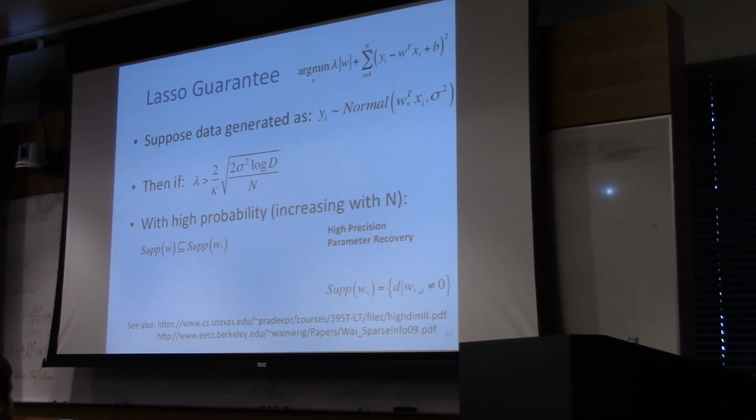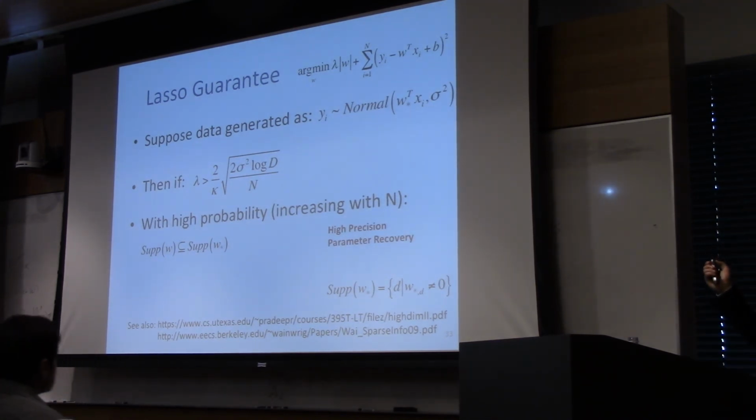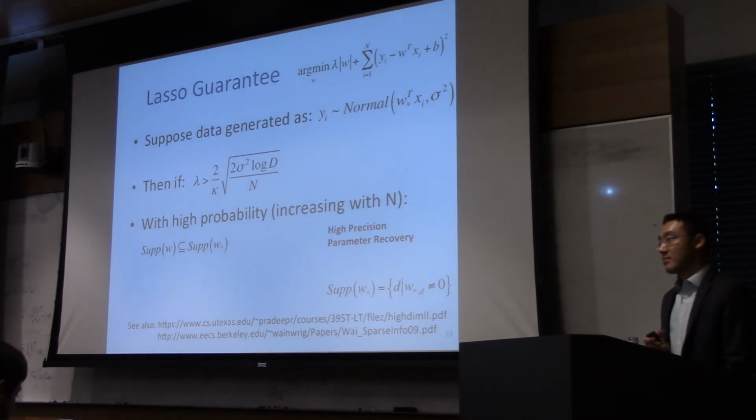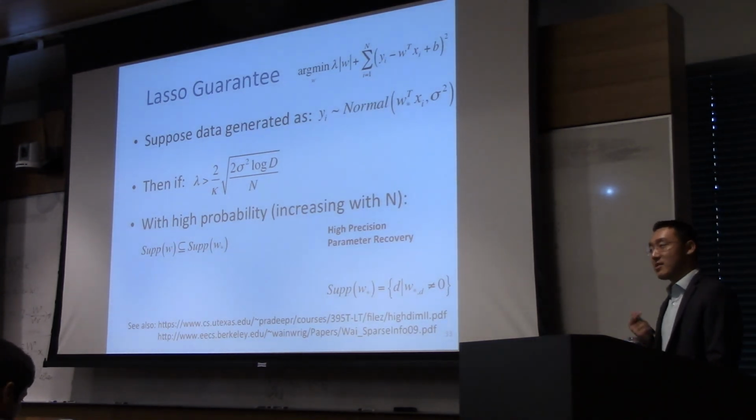What does that mean? It means if we use Lasso and we find a W that's non-zero, and we have enough training data to be confident, and the true model was actually a sparse linear model, then we can be confident that we have no false positives. If we found an important weight, it is actually important.